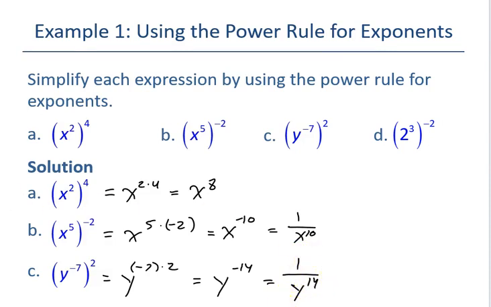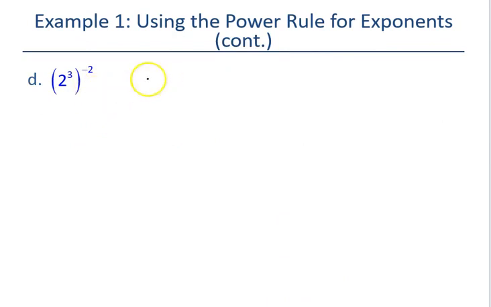Let's do one last one here. Same thing. Notice we've got a 3 here, and then this negative 2. Keep the 2 here, well, 3 times 2 is 6. I've got a positive and a negative, so that gives me a negative 6.